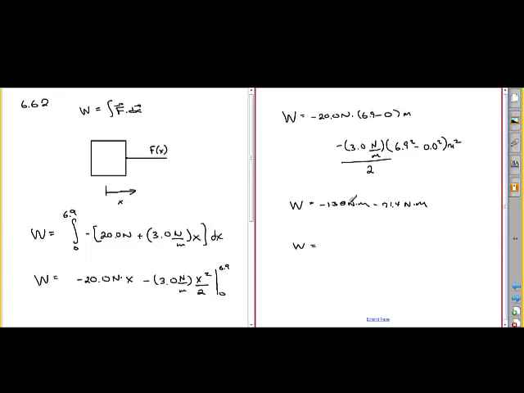Okay, so we get negative 138 minus 71.4. We can only carry this out to the ones place. So we get negative 209 newton meters, but a newton meter is a joule.